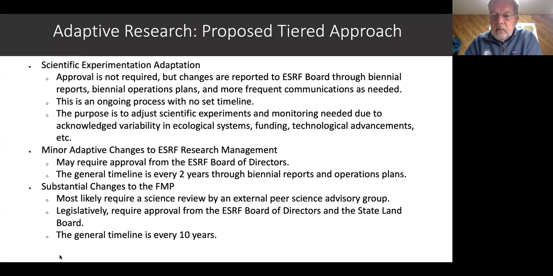So we want to make sure that what we're doing is going to achieve the results, and we're not going to be too far into it before we have to make any changes. So we would be looking at water temperatures and saying, are they responding in the way we would expect? And if not, what type of adjustment? That might be sort of a minor adaptive change here.